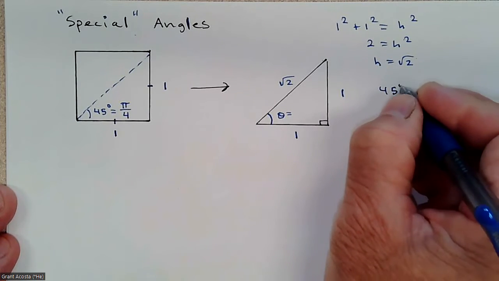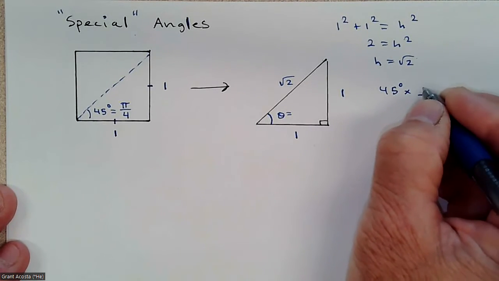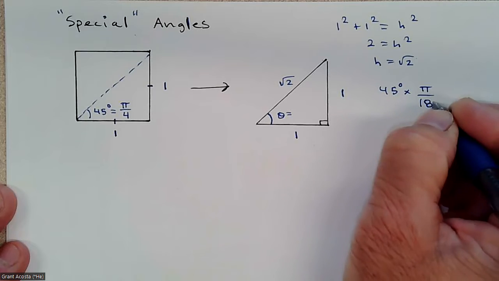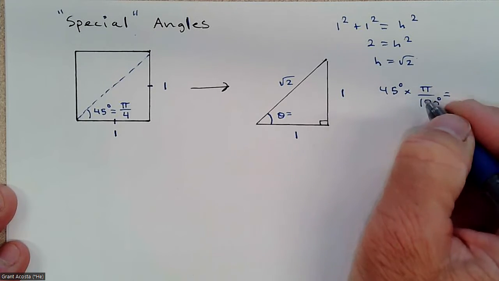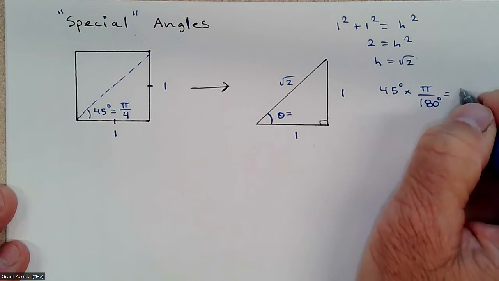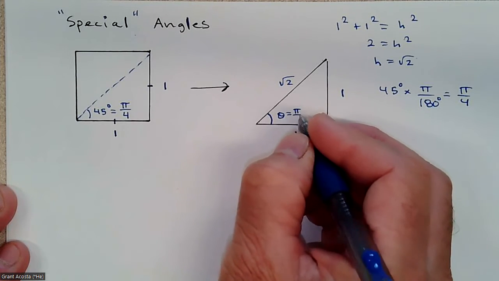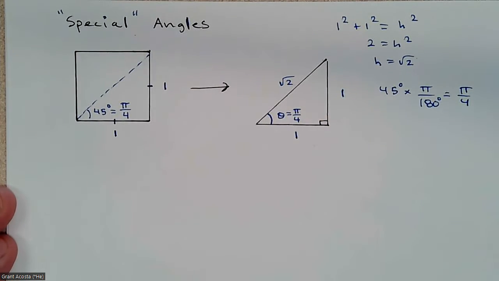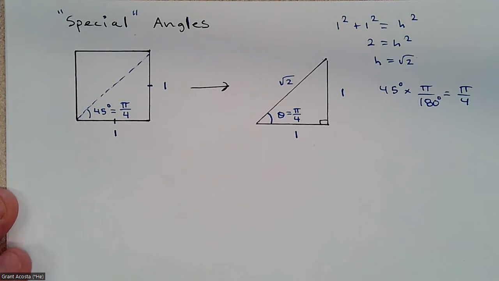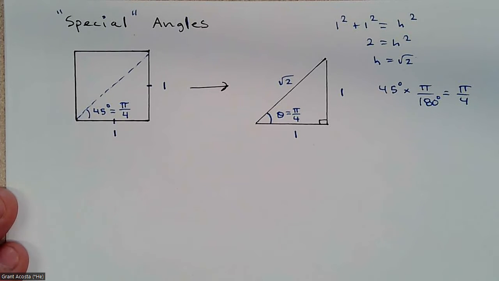Might as well practice that. 45 degrees, my conversion is, if I multiply by pi over 180, 45 ends up going into 180 4 times, so that is pi over 4. Mostly I'm going to work in radians because, since this is pre-calculus, when you get to calculus, as I mentioned before, most of the time we're going to be working in radians.